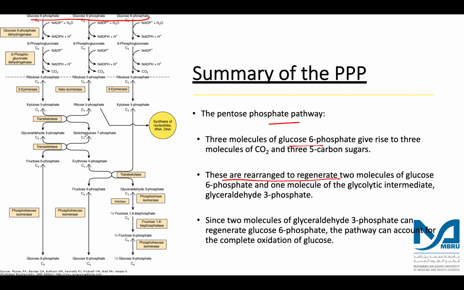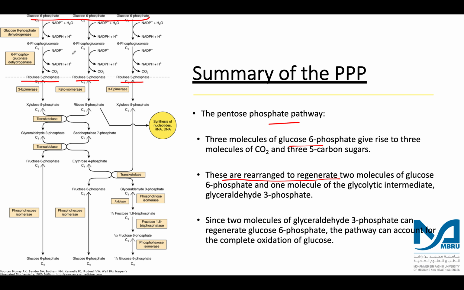If you look at the first key intermediate that you require from each glucose 6 phosphate, you are generating ribulose 5 phosphate, and this ribulose 5 phosphate, if you remember from the second slide, is converted to ribose 5 phosphate, which is required for the formation of nucleic acids.